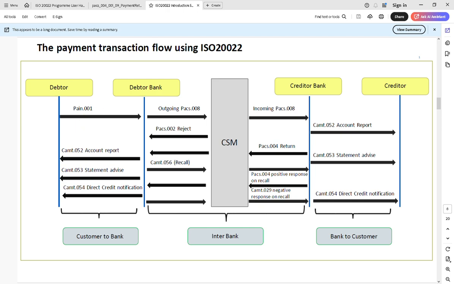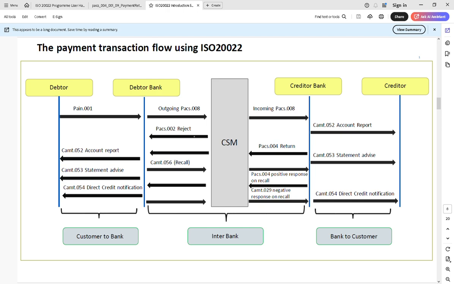Here, it's reject only. See, in this case, there are two methods: PACS.002 reject, PACS.002 accept. I'm explaining the high level flow here.